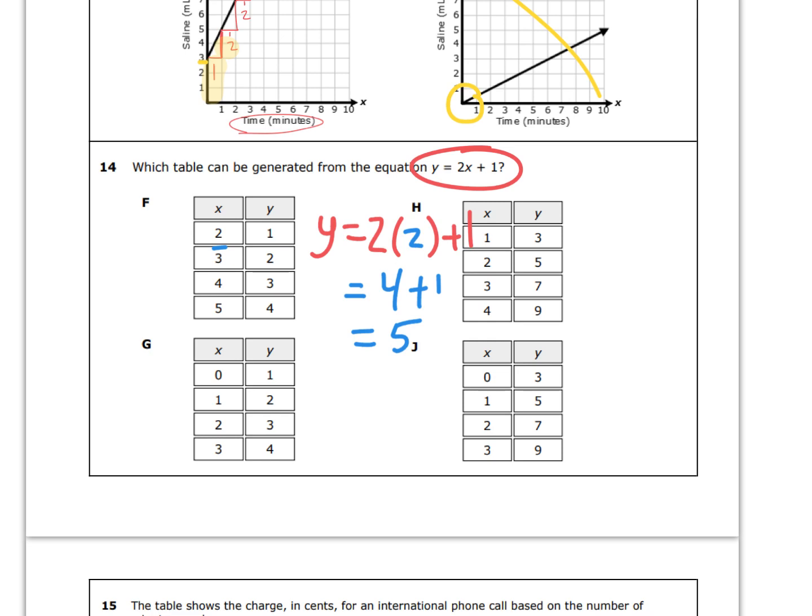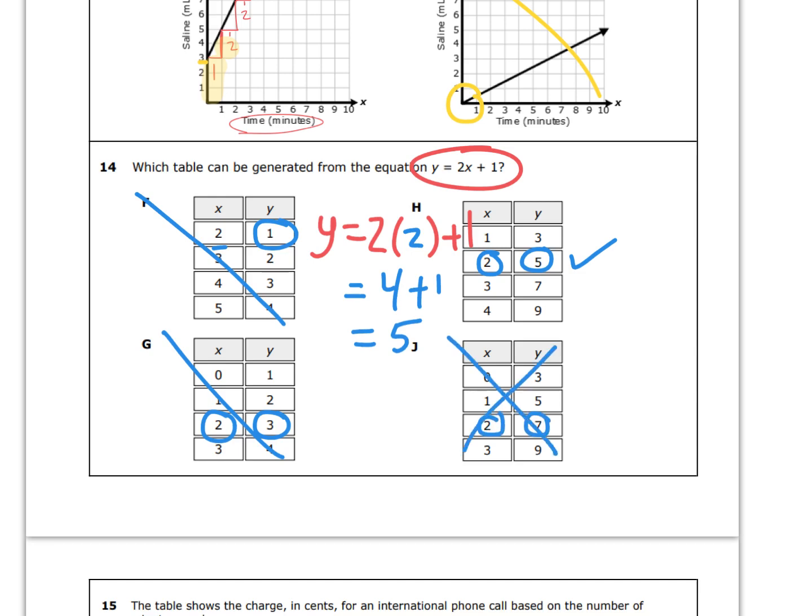So when I plug 2 into this function, I get back 5. But that's not 5, that's 1. So F is not right. Over here, it says 2 goes with 3. Well, my equation says 2 goes with 5. So that's not right. This one says 2 goes with 5. So that's correct. This one says 2 goes with 7.